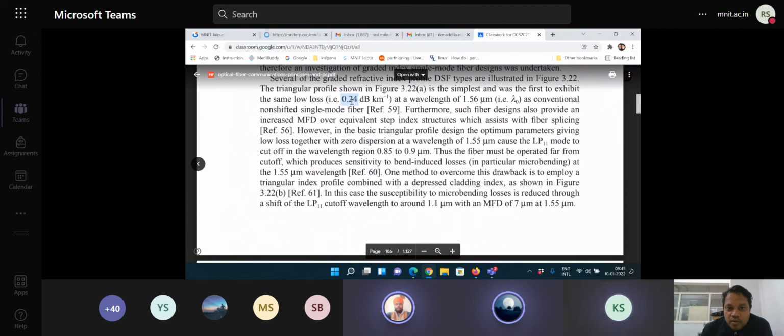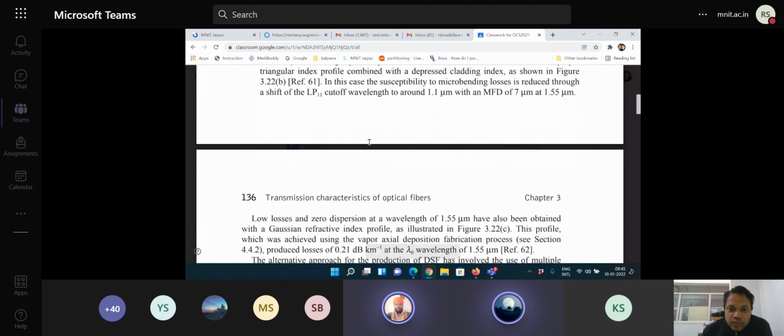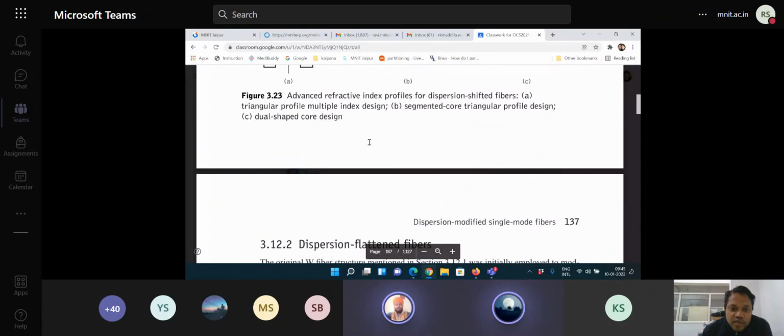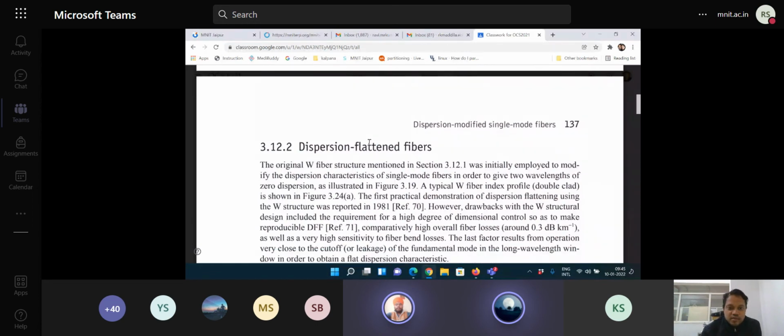The standard single mode fiber has a loss of 0.2 dB per kilometer, then this is slightly higher. So with these advanced designs, it's possible to have even better loss characteristics.